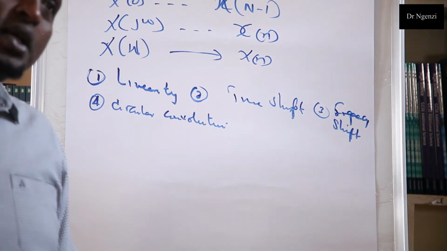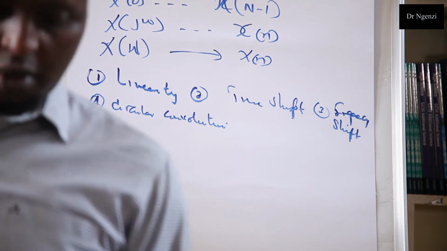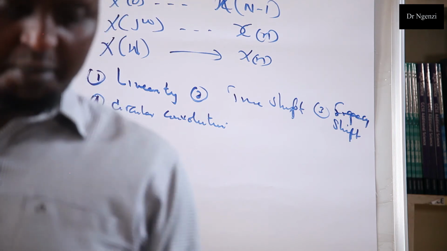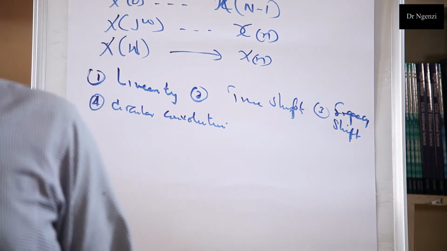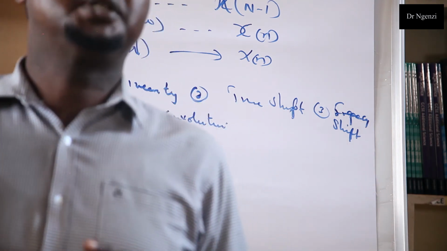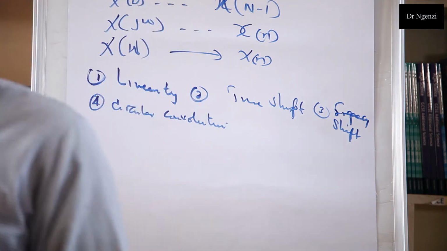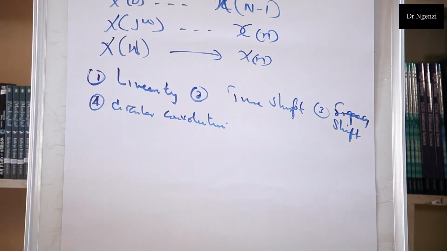For example, any signal from discrete values, represented by M1, M2, M3, or another signal represented by N1 to any value, then combine them. It is very useful to combine them by using circular convolution.